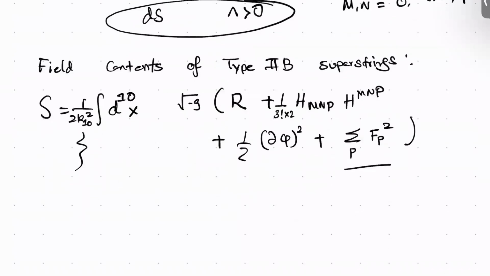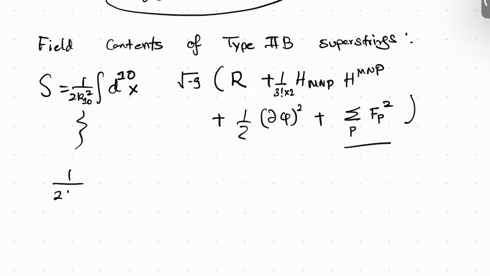I'll explain this notation now, but before that, this comes from another thing. Remember, we imposed the boundary conditions for just the bosons, but there are also the boundary conditions for the fermions. The bosonic guys give rise to this. The fermionic guys, imposing boundary conditions in superstrings, give rise to a bunch of other gauge fields.